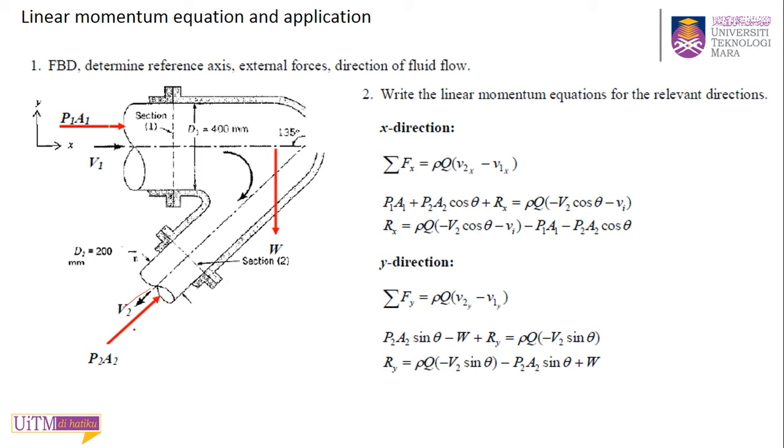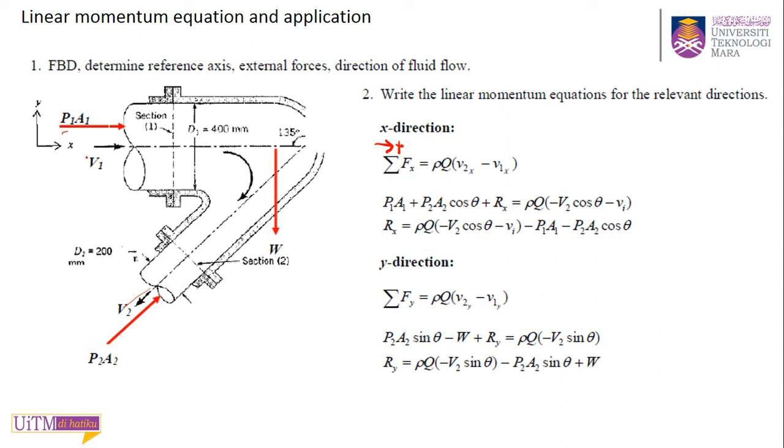So this is why your P2A2 is acting against this. Then you can write your linear momentum equation in X direction. You have P1A1 positive. Kat sini positive kan. So it should label, kat sini to the right is positive.